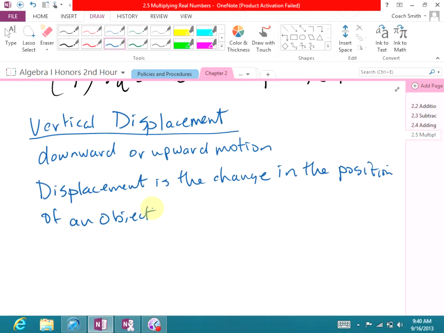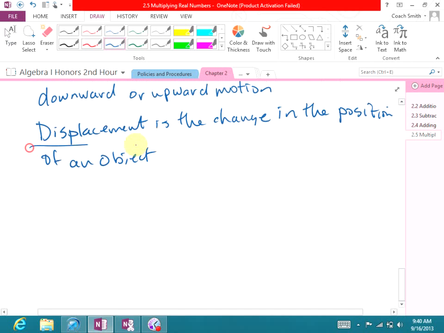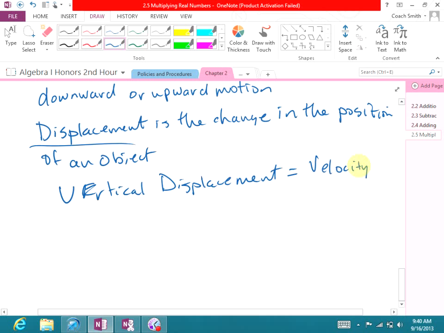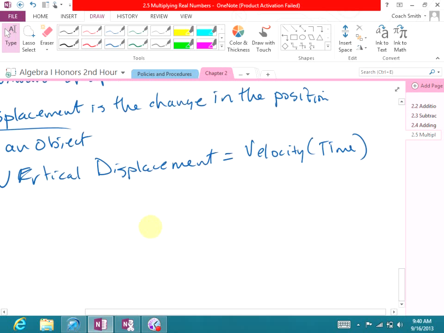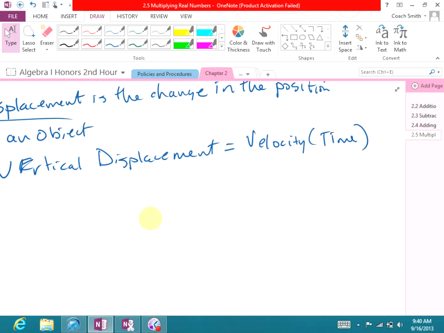Now, for vertical displacement, there's a formula. I'm going to call it V. Vertical displacement is equal to velocity times time.